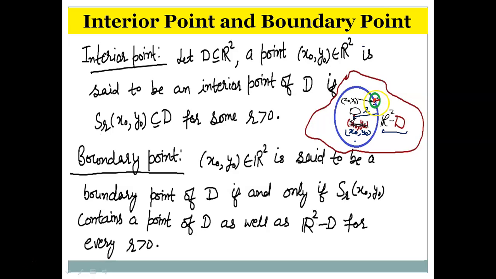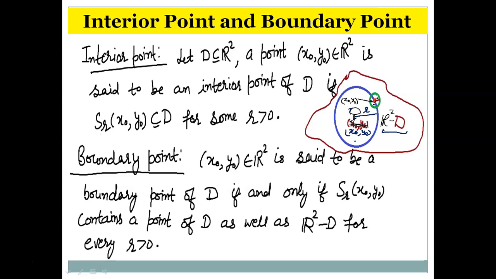Why are we saying for every r positive? It can be as small as possible and as large as possible. So we can draw a very small open sphere, a very large one, and so on. But for every r, there will be a point from R square minus D as well as a point from the set D. Then we'll say it is a boundary point.